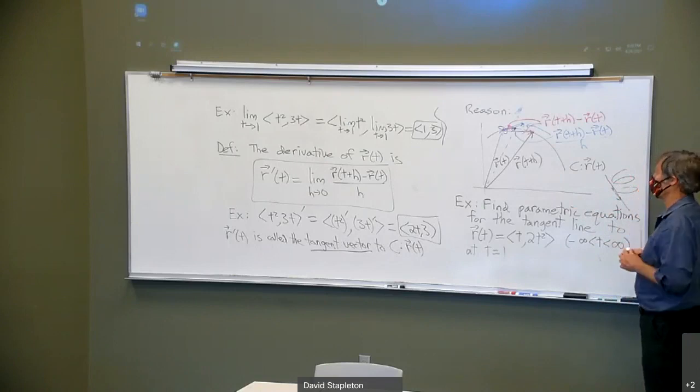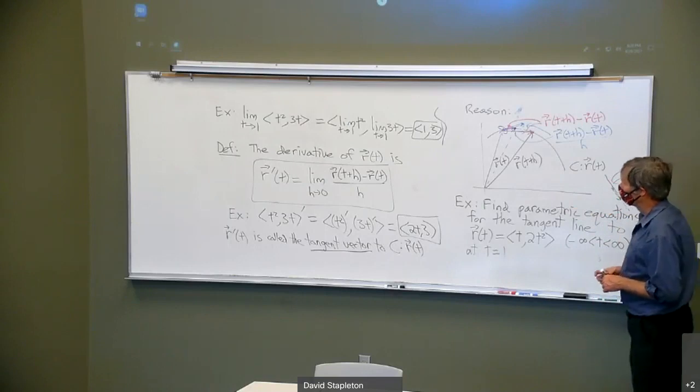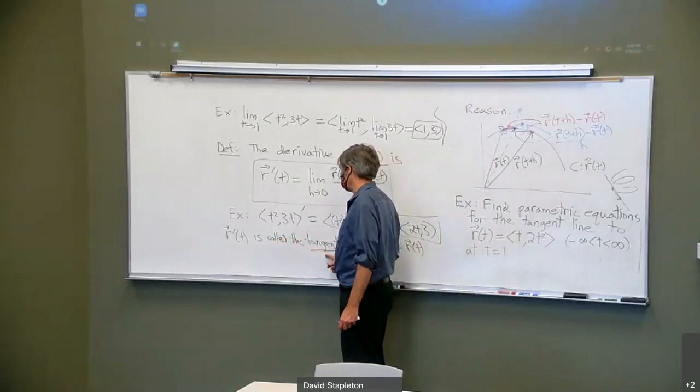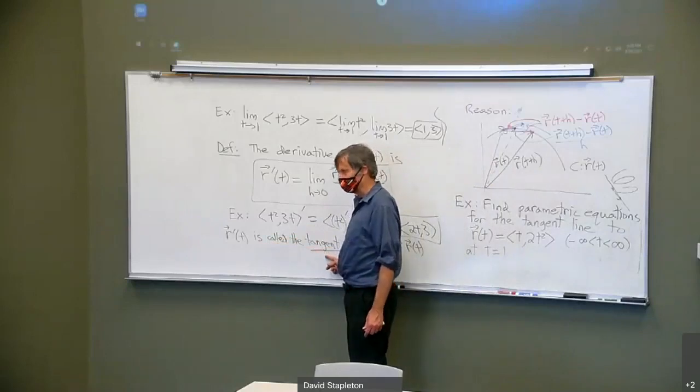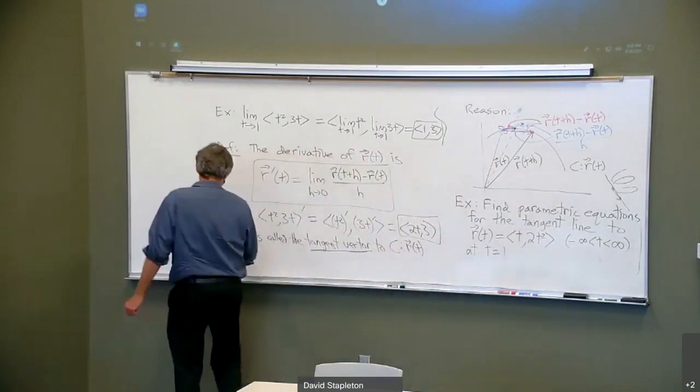And I should point out, we'll say it in a minute again, but if r of t is actually the position as a function of time, it's like calculus 1. Not only is r prime of t called the tangent vector, but it's also called the velocity vector. So maybe we should write that down now. Let's just go ahead and write that.